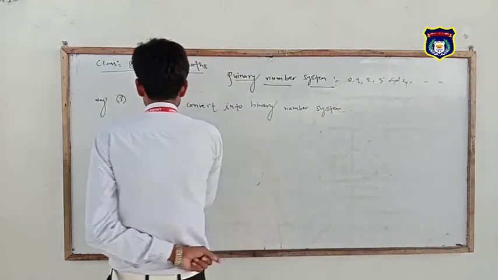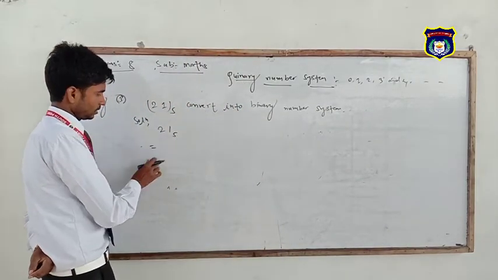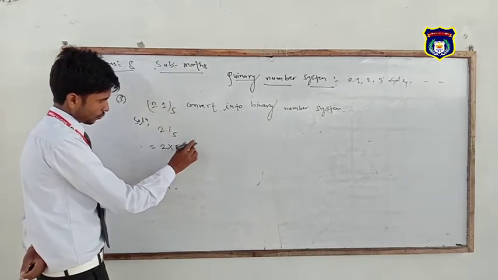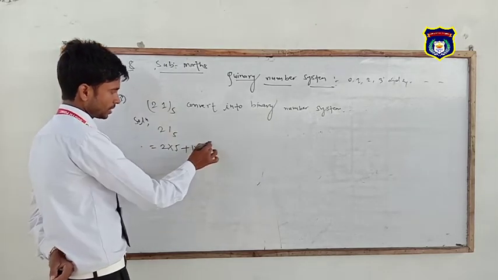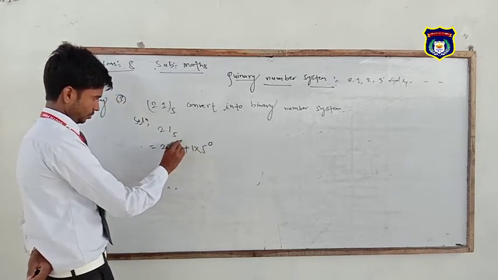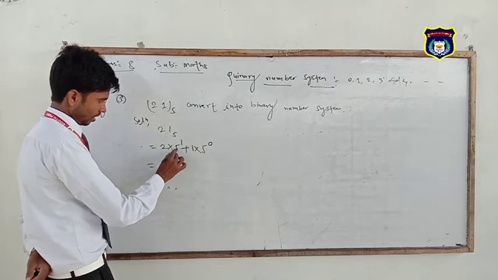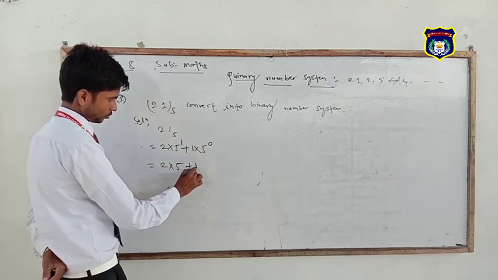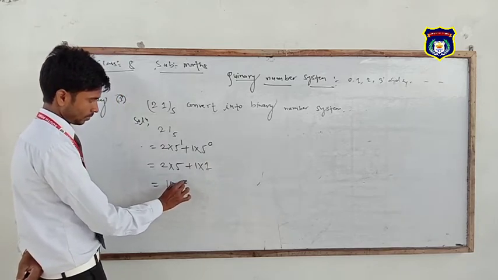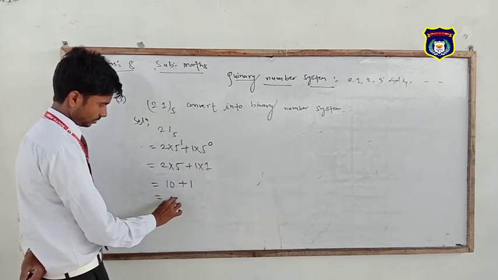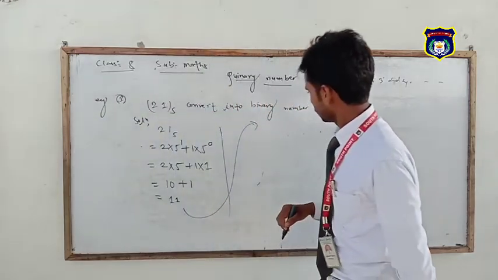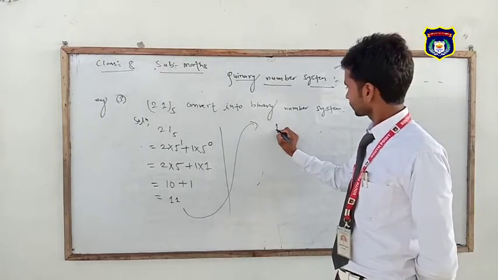Its base is 5, so 2 multiplied by 5 to the power 1, which is 10, plus 1 multiplied by 5 to the power 0, which is 1. So the answer is 10 plus 1, 11. Now 11 is in the decimal number system, so convert decimal into binary.